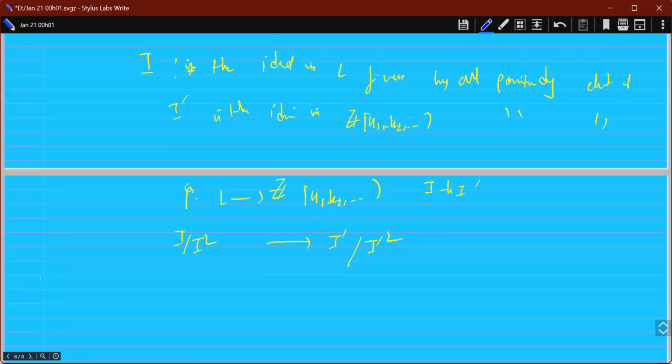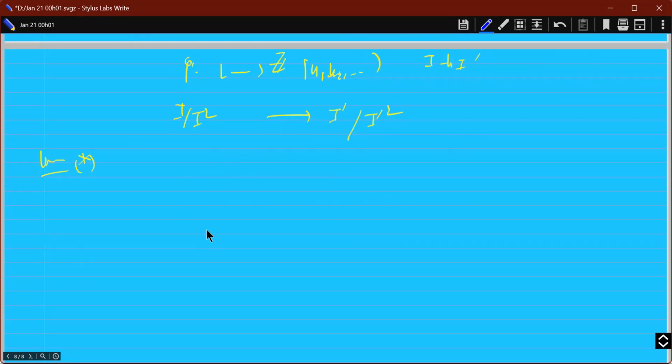So now comes an important lemma. Let me put this down. This plays an important role in the proof of Lazard's theorem, and we'll first state it and then look at a few consequences and go with the proof.